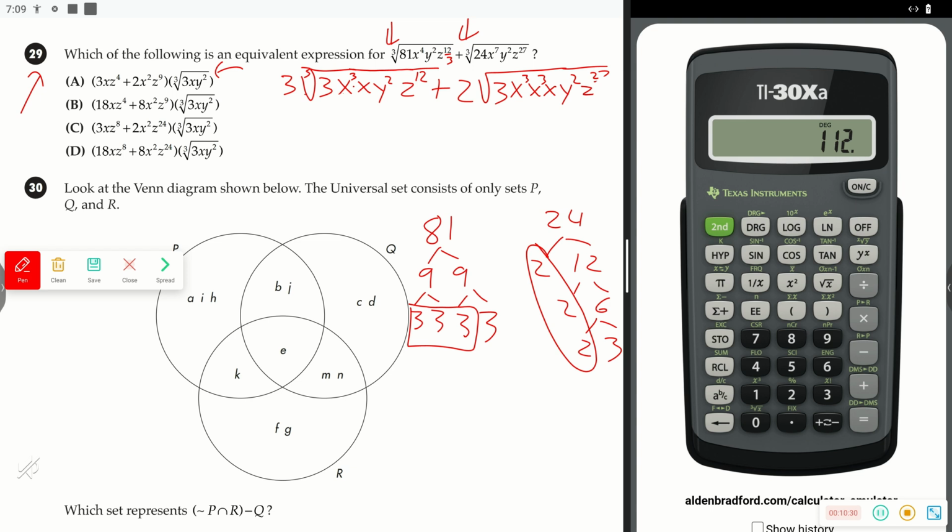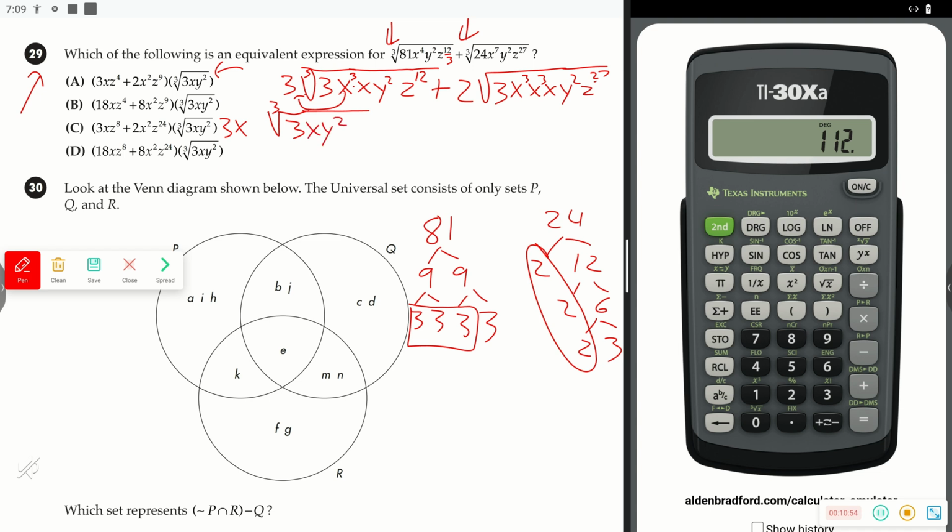So let's write the first one. We have 3, and then times the cube root. Actually, we have 3. We're going to pull out one of these x squareds. That's just going to be x, so we don't have to write that term. So it's 3x y squared.